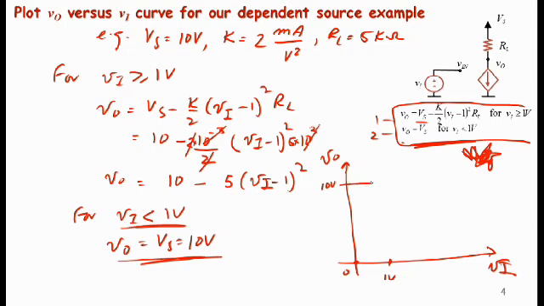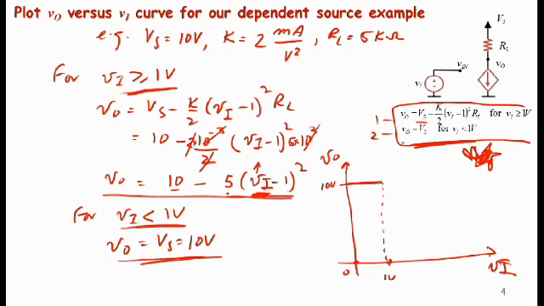What this says is that until Vi is 1 volt, V naught is going to be 10 volts. What happens next? When Vi is greater than 1 volt, this equation takes hold. Notice that if I substitute Vi to be 1 here, I get 10 volts as expected. And now, as Vi increases, I subtract the square of (Vi minus 1) times 5 from 10.